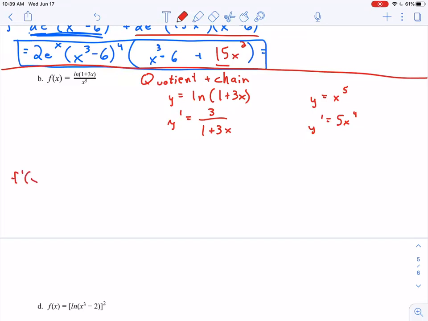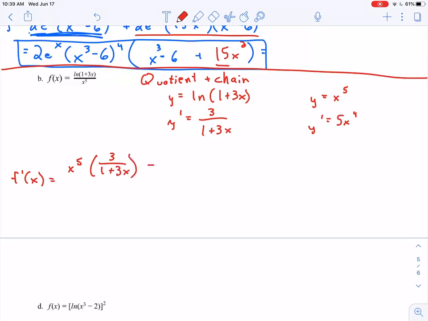f prime of x. Quotient rule says low, that's x to the fifth, so x to the fifth, d high, derivative of my numerator. Well, I already found that. That's right here. That's 3 divided by 1 plus 3x.